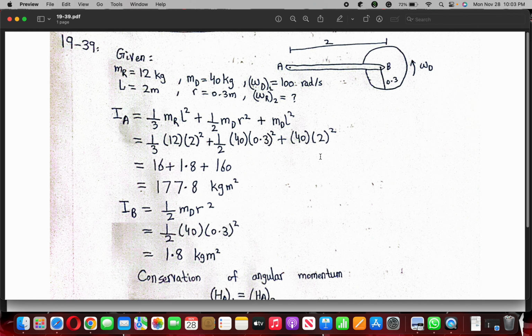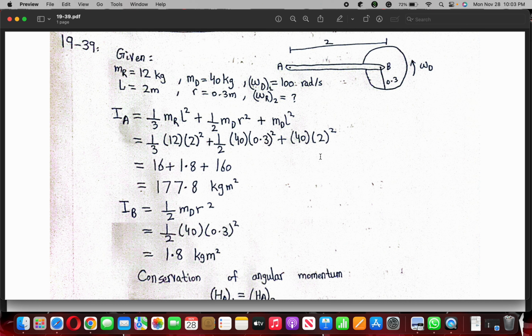So first we have to find the inertia at A. We know that the rod and the disc move as one body, so we have to find the inertia of the rod and also the disc.